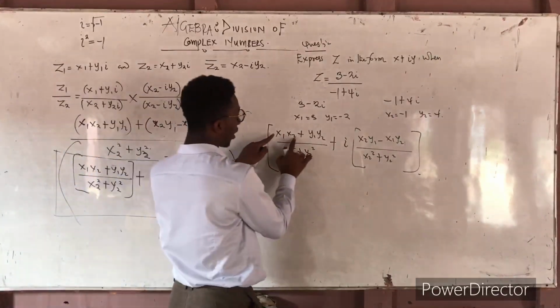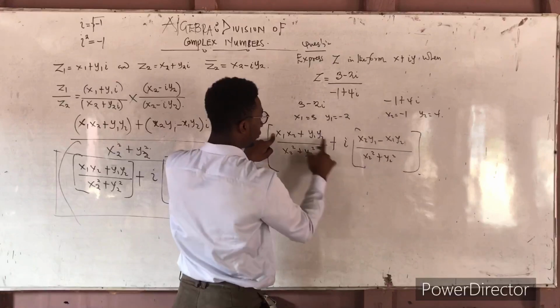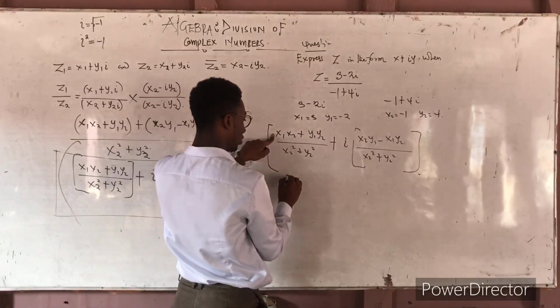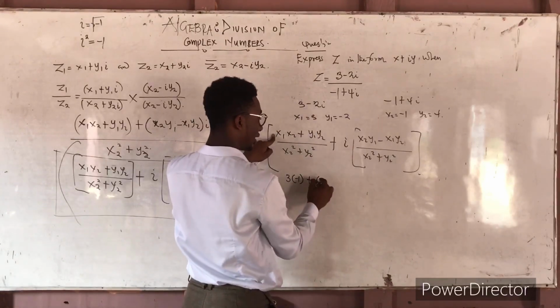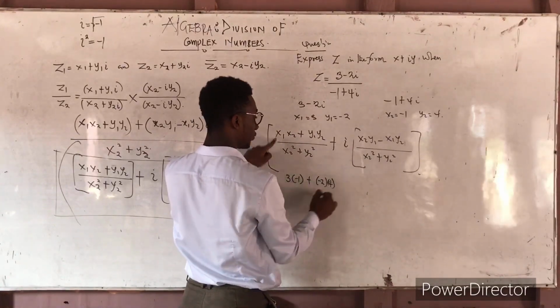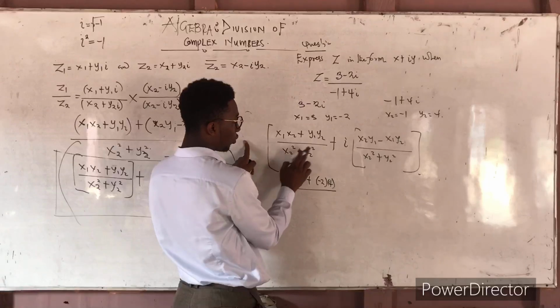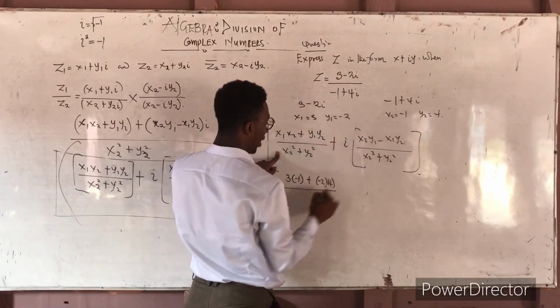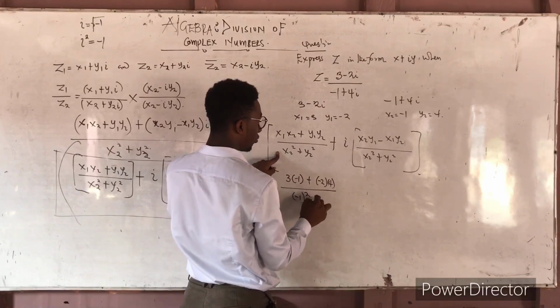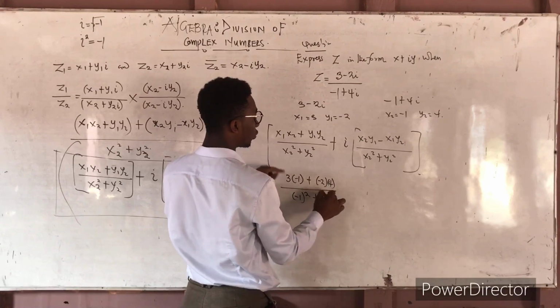So now x1, x2, which is 3 times negative 1. So that will be 3 times negative 1 plus y1, y2, which is negative 2 times 4. And that gives you x2 squared plus y2 squared, so minus 1 squared plus 4 squared.